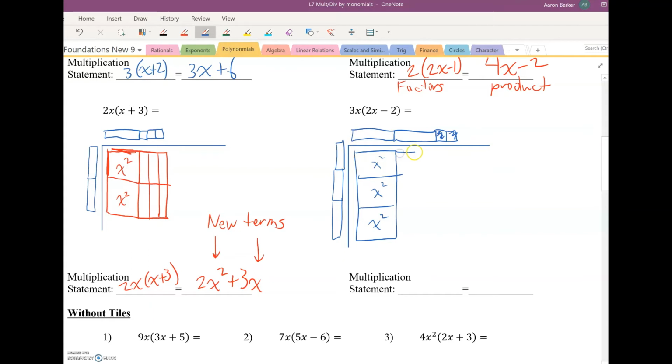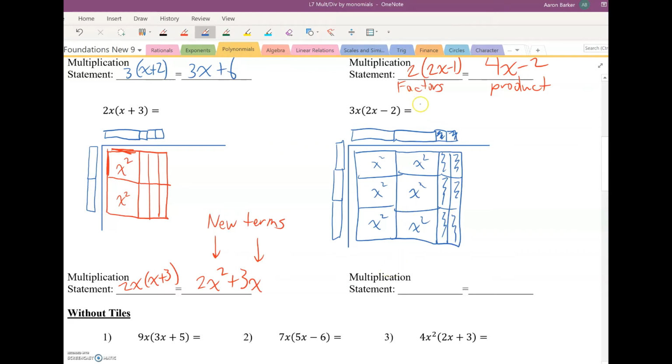Then we have 3x times another x. And so we get x squared, x squared, x squared. And then we have 3x times 2, sorry, negative 2 rather, which gives me the negative 6x.